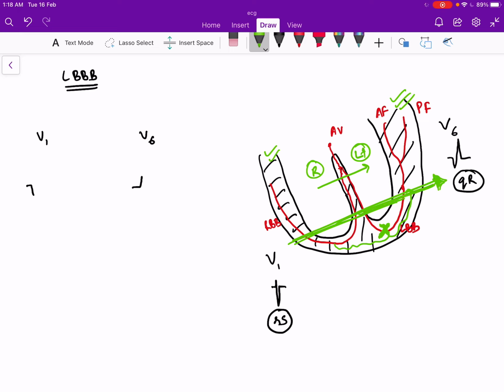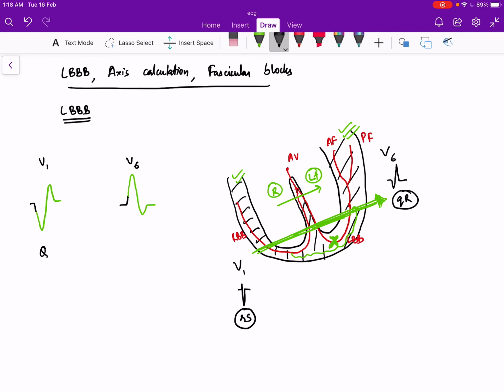So in lead V1 we'll get a large negative wave which comes to baseline like this, and in lead V6 we'll get a large positive wave which comes to baseline like this. So in lead V1 we'll get a QS type of complex, and in lead V6 an R wave.